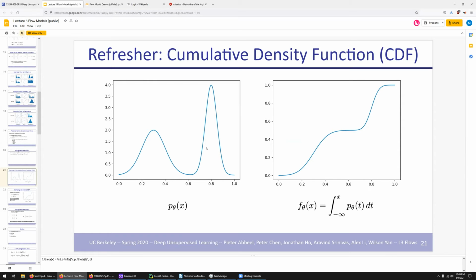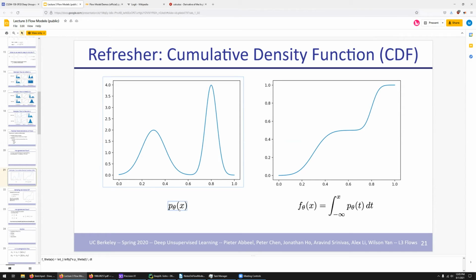If you kept it capital P, you could replace that f theta of x and say that's capital P of x, and the interval would be negative infinity to x. That would be a strange notation, maybe that's why it's not done, but it's the interval from negative infinity up to x.